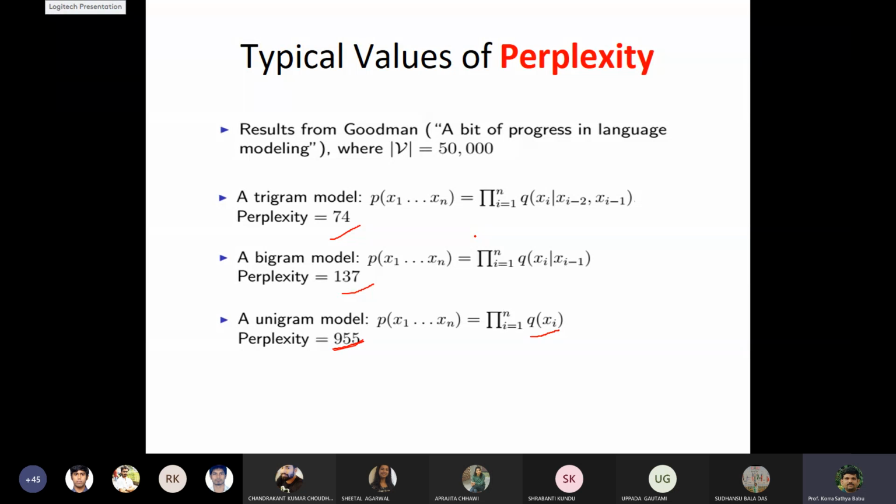The reason is very simple: when a sequence of words is already available, say for unigrams, I, what is the next word that I am going to give?